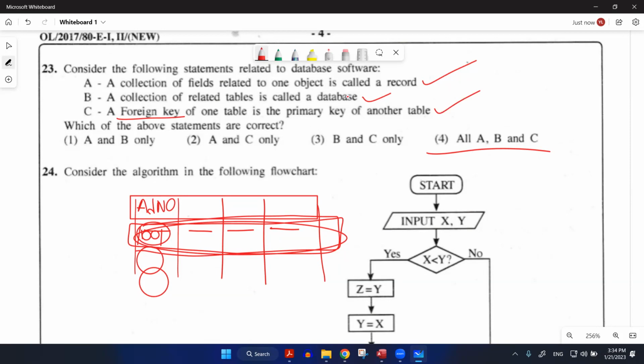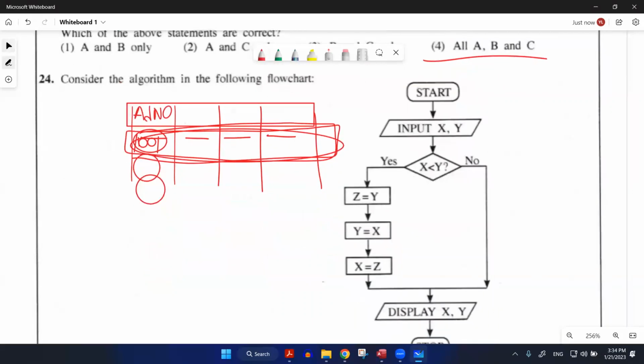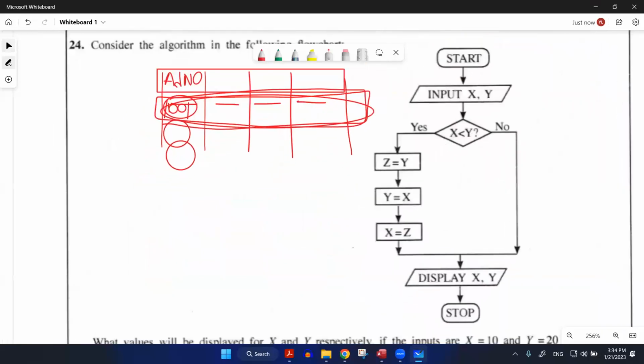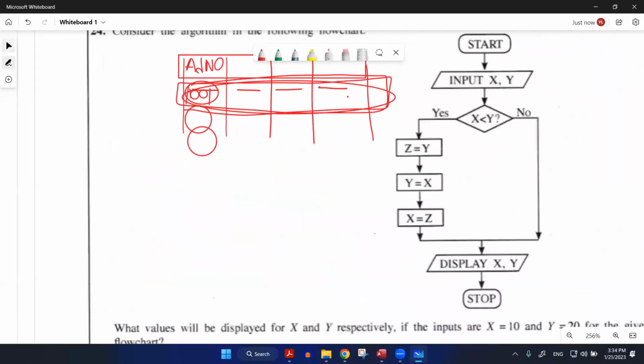All right, the 24th. Consider the algorithm in the following flow chart. The flow chart is given over here, so let's take the flow chart up and see what they are asking.